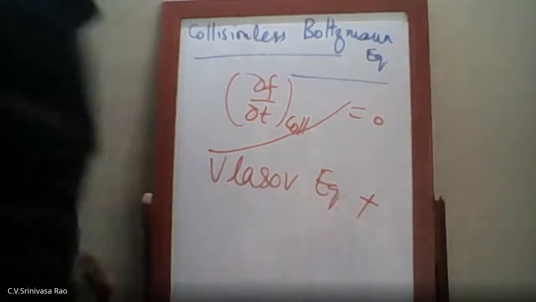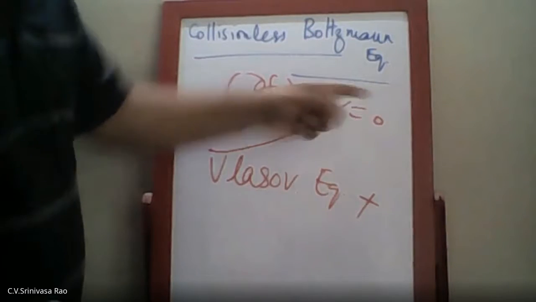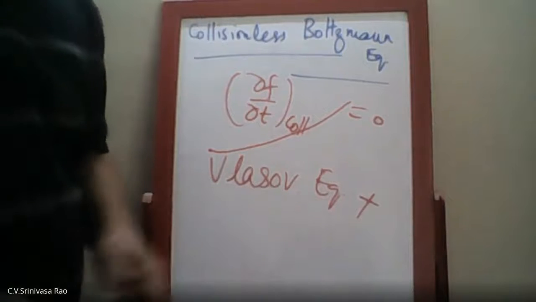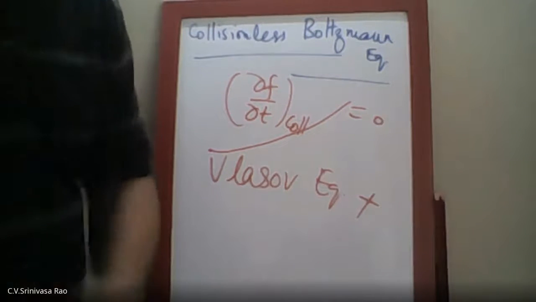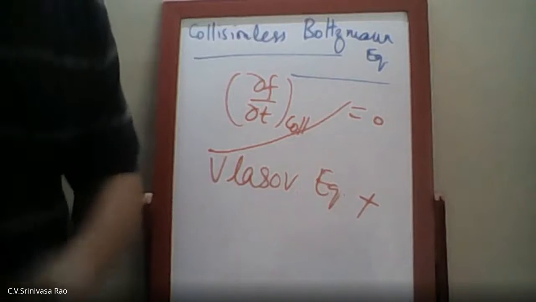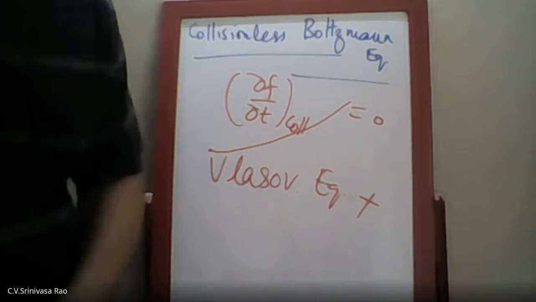Whereas in the collisionless Boltzmann equation, we have put it 0. There is no term describing collisions. I'll show you how I can still put collisions into this. We'll discuss when we go a little further.